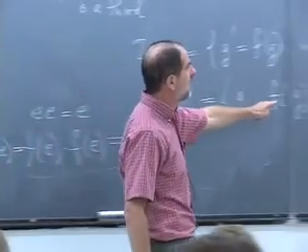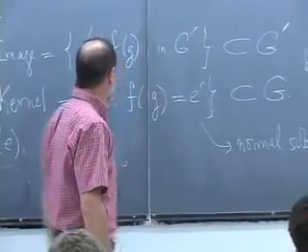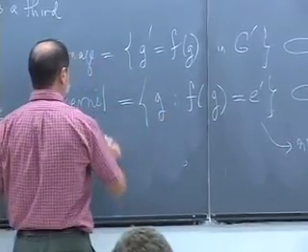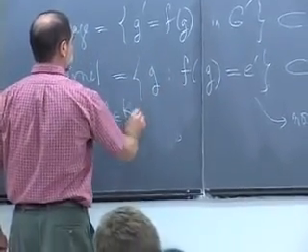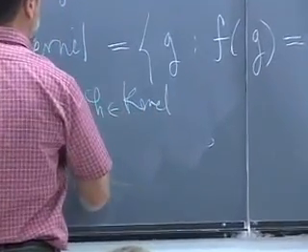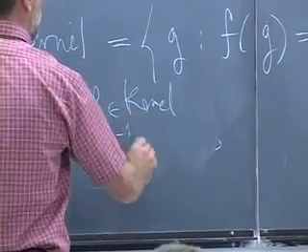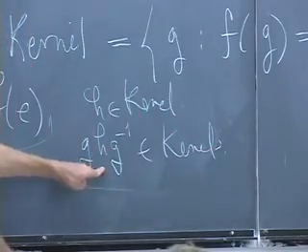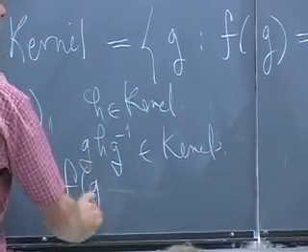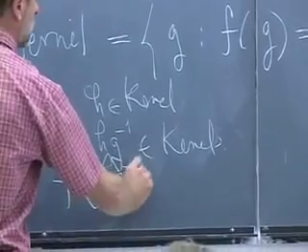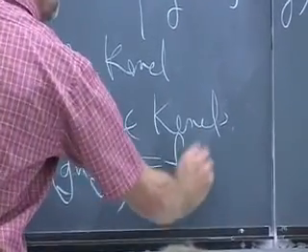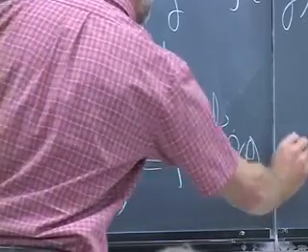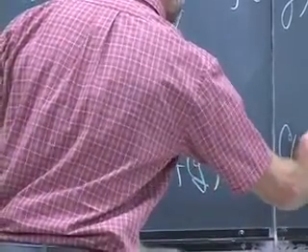So let's check that the kernel is a normal subgroup. It's easy. So if we have an element g in G, well, let's say h is in the kernel. We have to check that ghg inverse is also in the kernel. So we apply f to it. f of ghg inverse, using the homomorphism property, is f of g, f of h, f of g inverse.